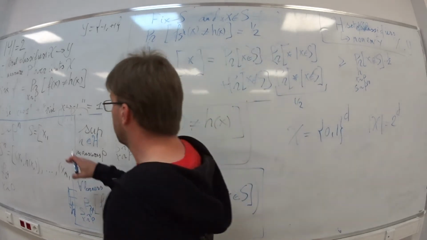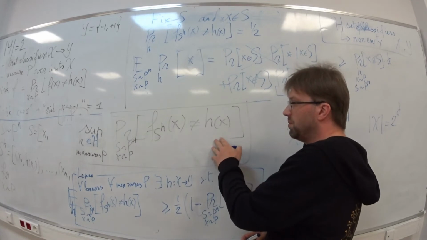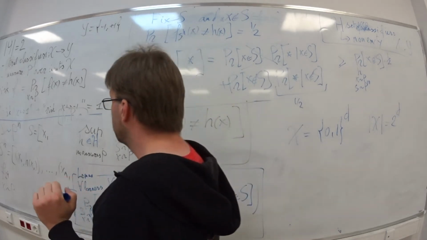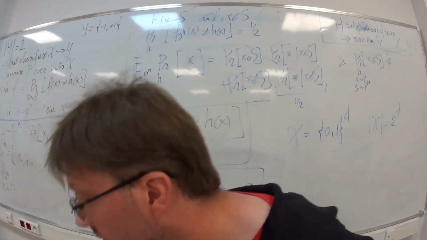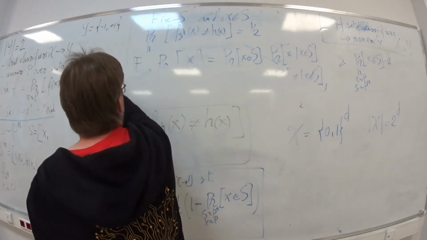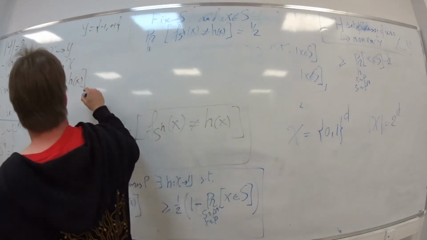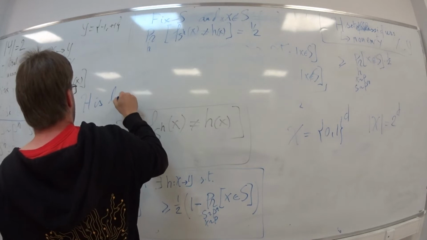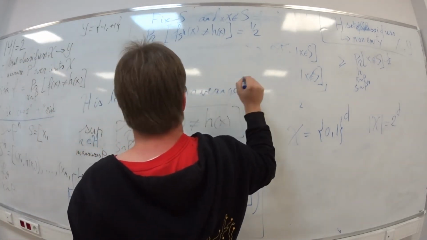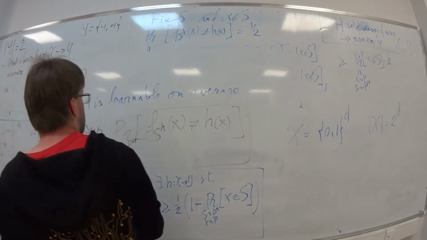So, when do we say that a class is learnable? A class is learnable if this quantity becomes arbitrarily small as the size of the data set increases. So this is our important definition. I will call it learnable on average. We will say H is learnable on average if the limit of this thing is equal to 0.